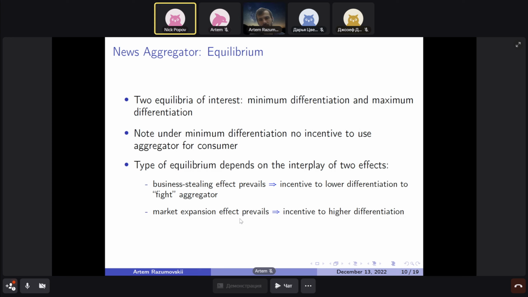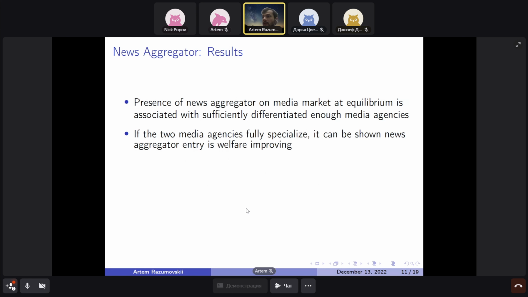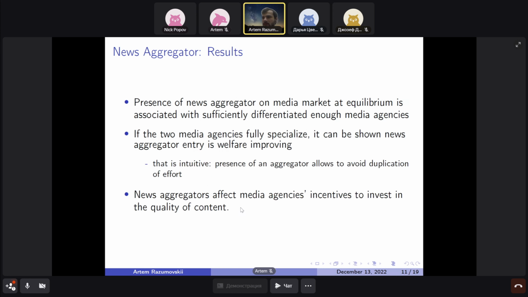And if it would like to take the market expansion effect, it will differentiate from another agency, right? Yes. And on the next slide, just a conclusion for that.